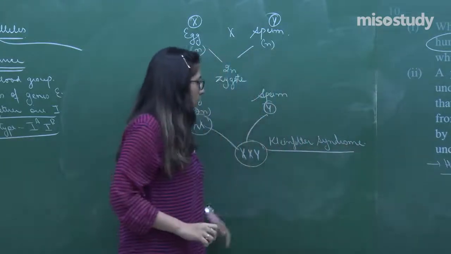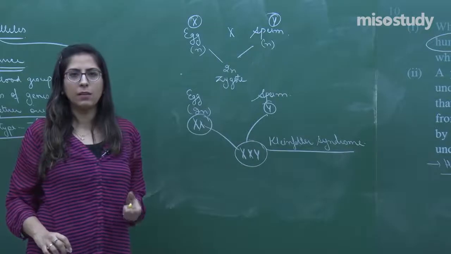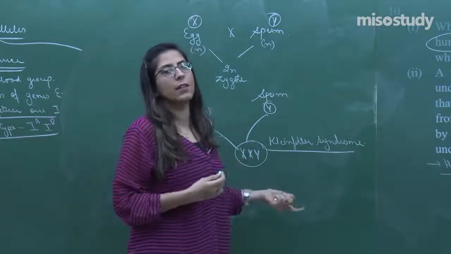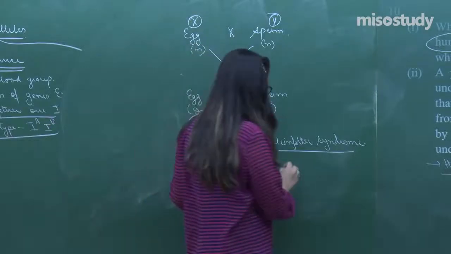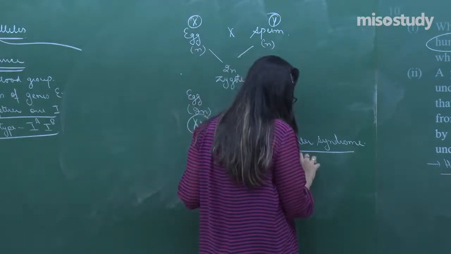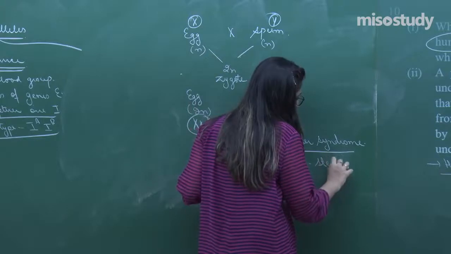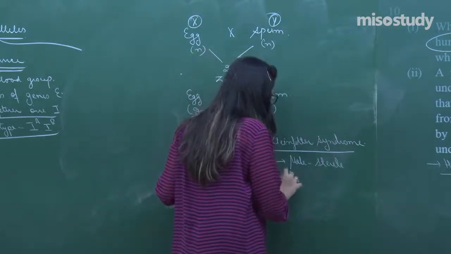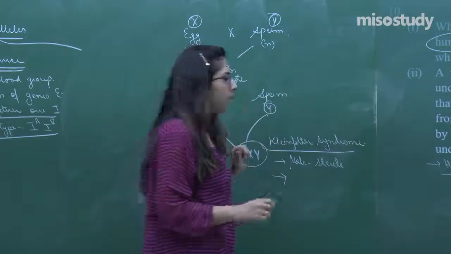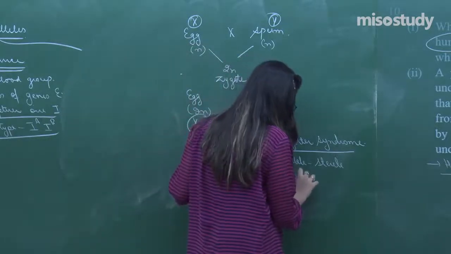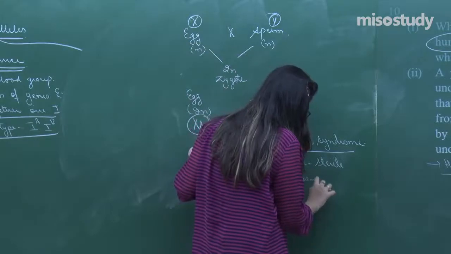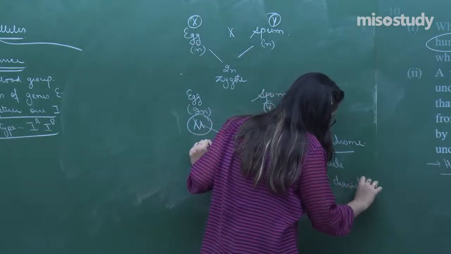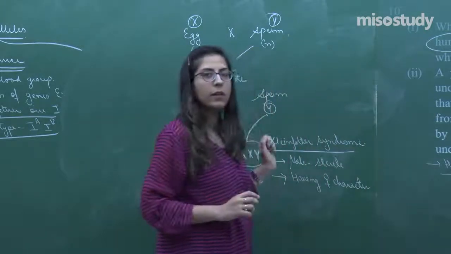In Klinefelter syndrome, the male is sterile, which means they will not be able to reproduce, and they also have female characters.